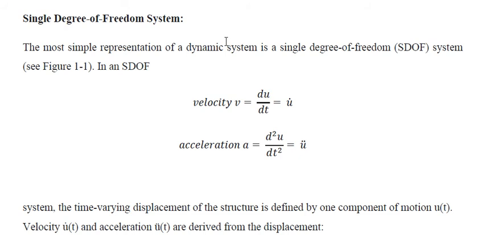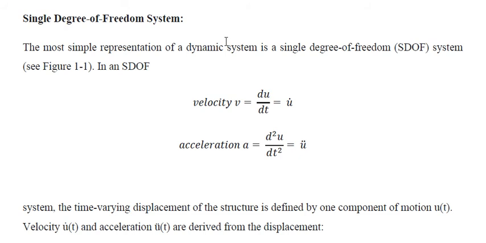If we take an example of a cantilever beam subjected to oscillatory motion, the vibration will be perpendicular to the axis of the cantilever beam. Then each particle of the cantilever beam will be vibrating at different amplitudes.